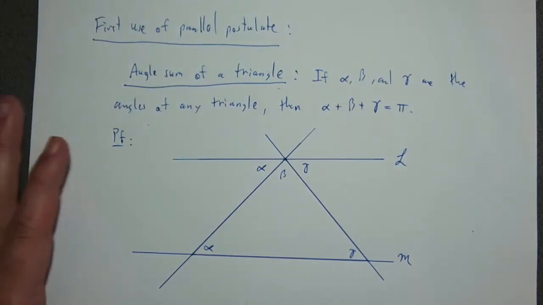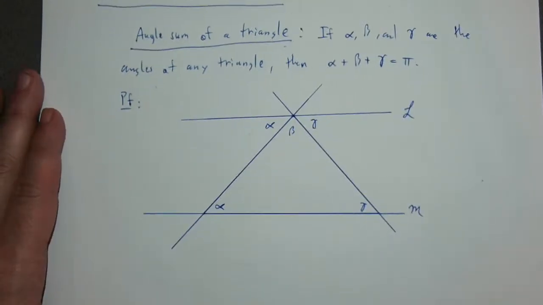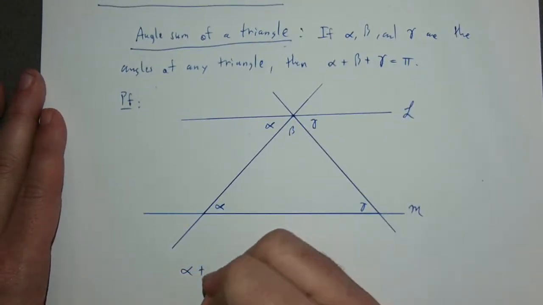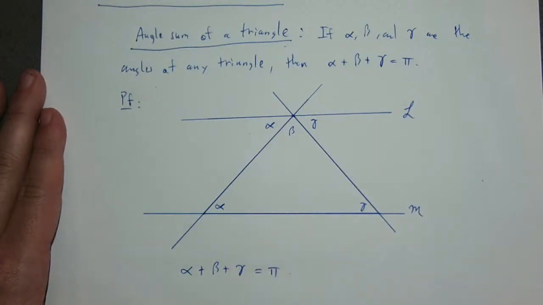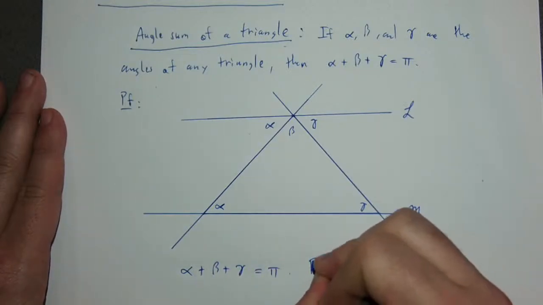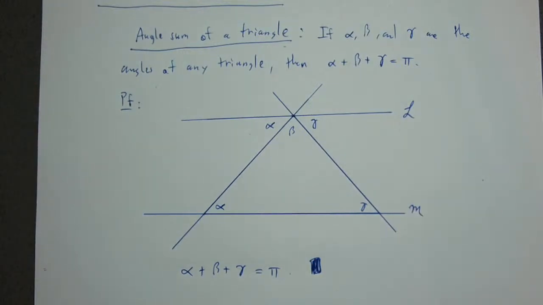Well, what does this say? These angles lie on a straight line. So alpha plus beta plus gamma is pi. And that's it. So that is really closely related to the parallel postulate. As I mentioned, this is absolutely not a coincidence.